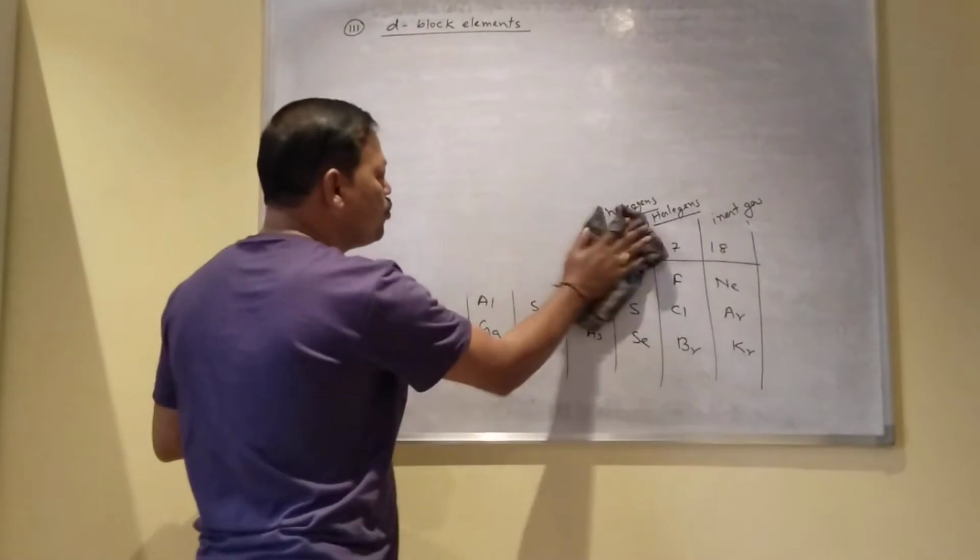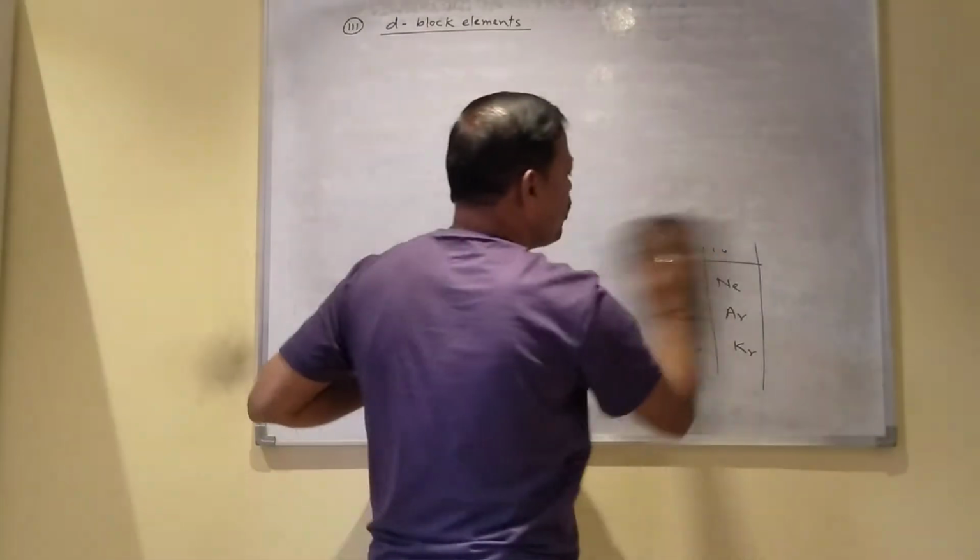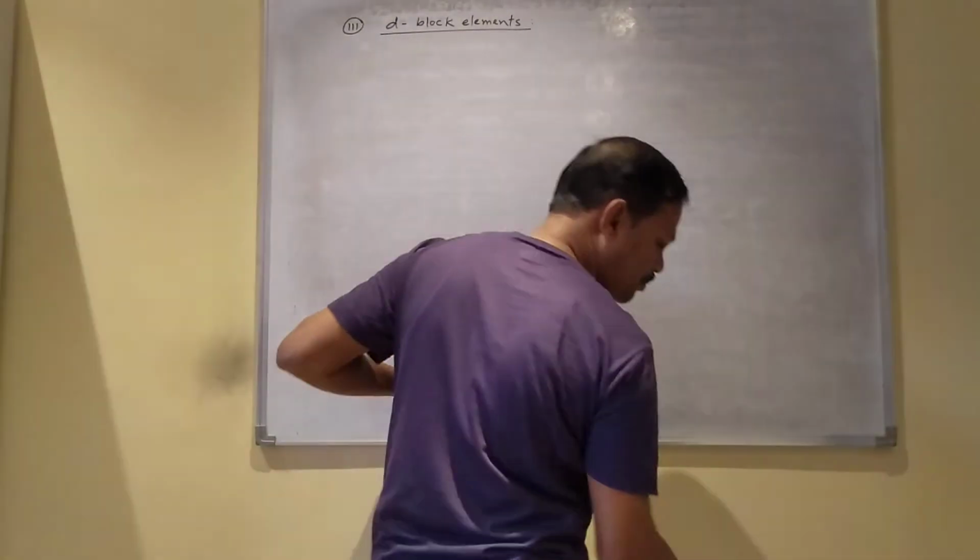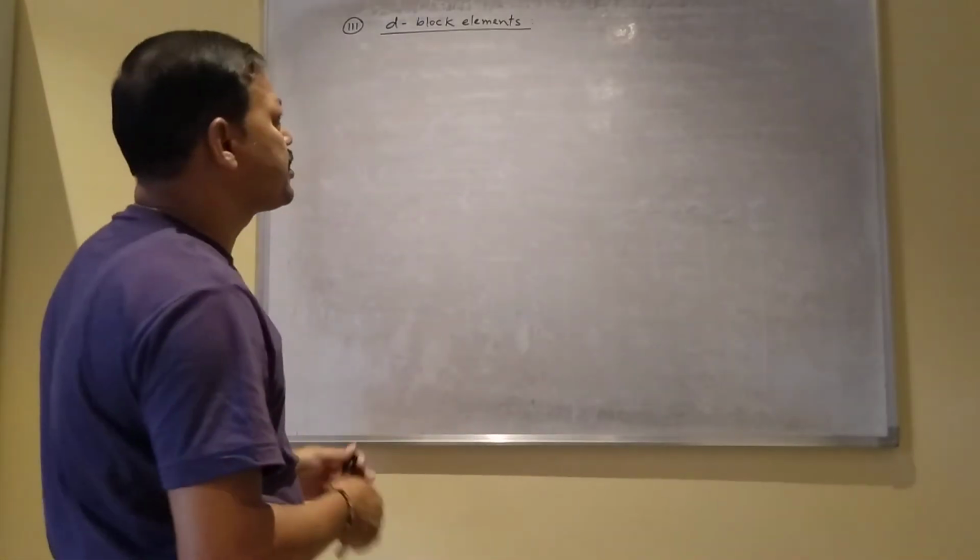Now we will move to number 3, that is called d block elements. So what are d block elements?